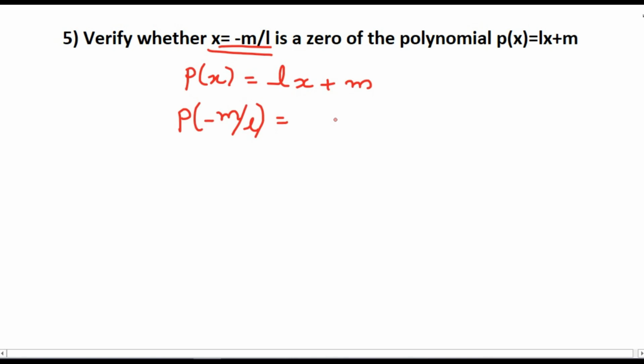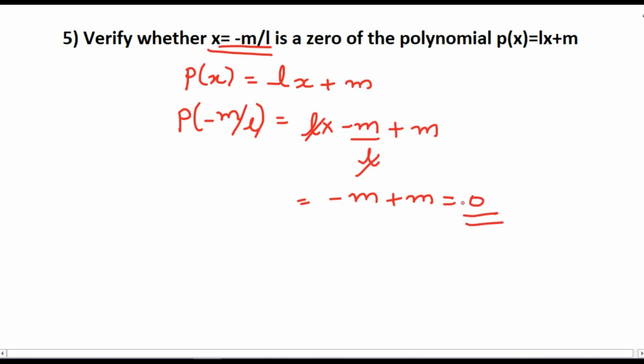If you get the answer 0, then you can say that x is equal to minus m by l is a zero of this polynomial. So l into minus m by l plus m, so l will get cancelled. Minus m plus m equal to 0. So we can say that x is equal to minus m by l is a zero of this polynomial.